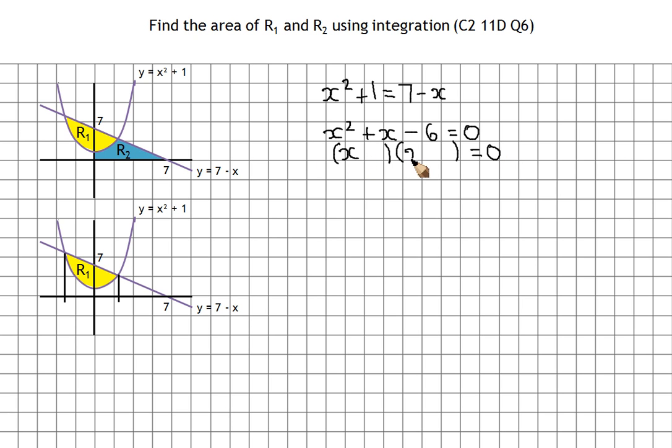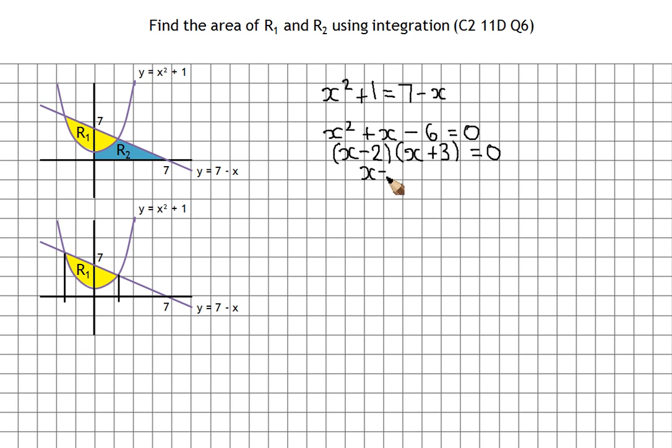to give us x like that. Now we want two numbers that have a difference of 1 but multiply to give us 6. That's 2 and 3. The fact that we've got a negative sign here means that one of these must be negative. We've got a positive 1x, so it must be this way round.